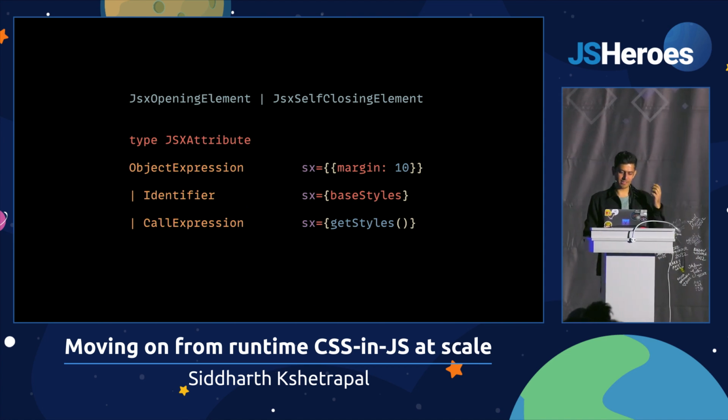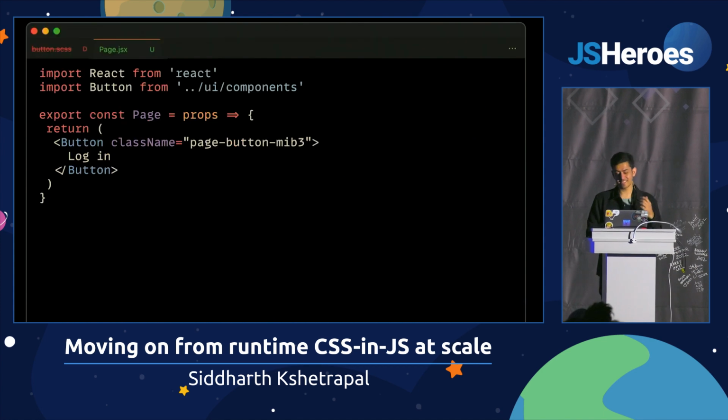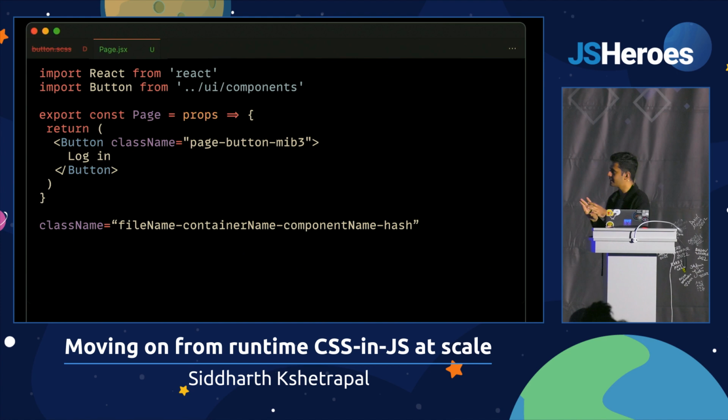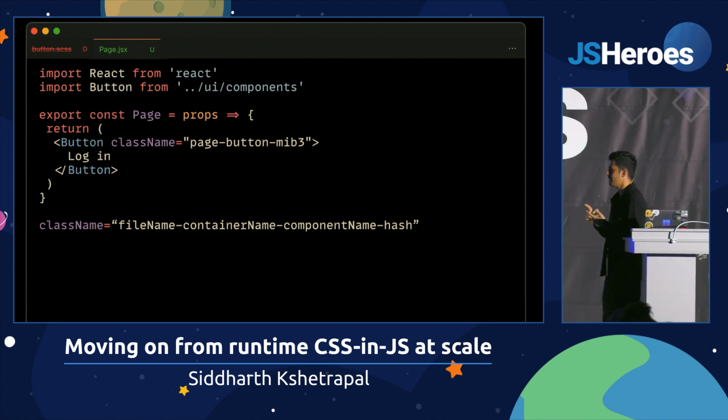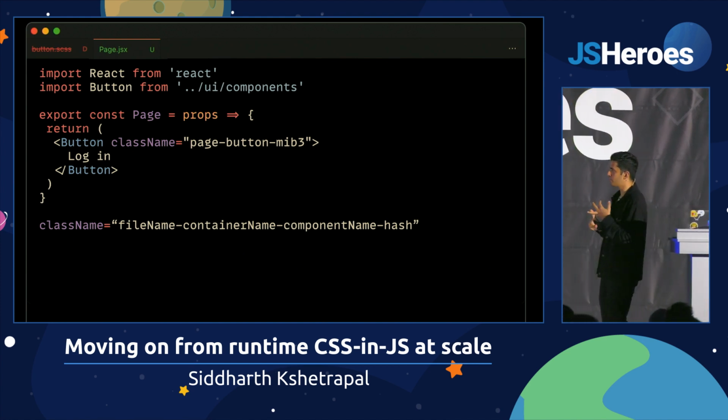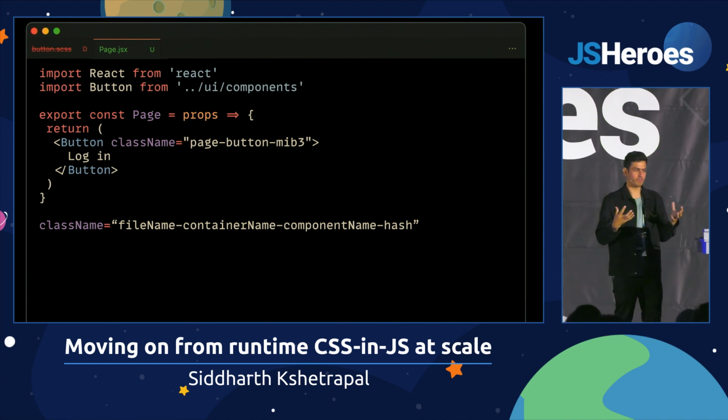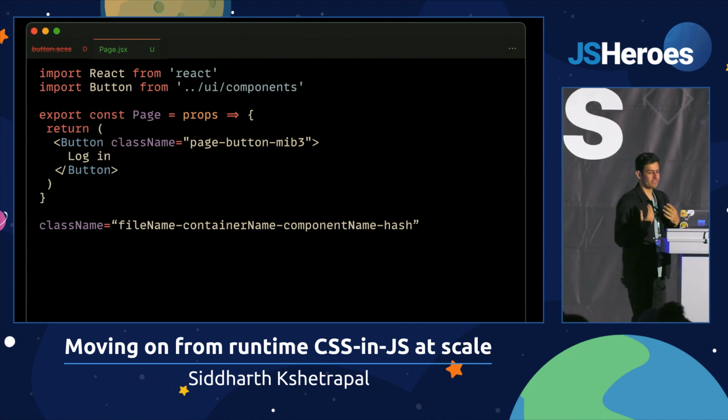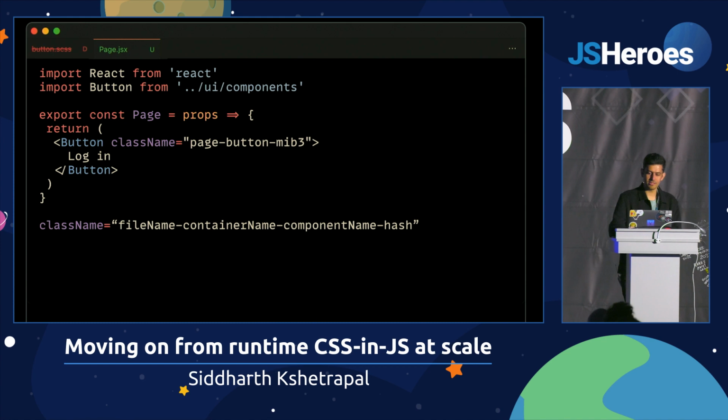The only struggle with automation like this is that it's really bad at naming things, right? Which, I mean, same, but you have things like this where you have the file name, you have the container component, you have the component name, and then you can hash it. So you have a lot of tools to make the name really good in your automation.